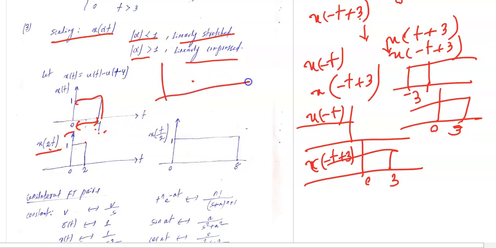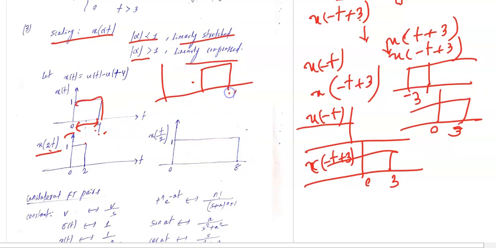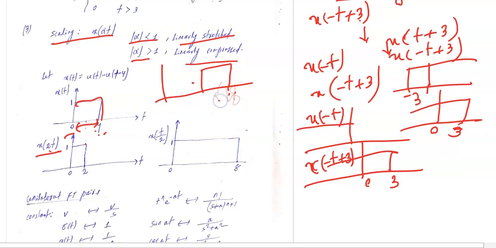Okay, in the general case also you can do this. Let's say this is your 4, and this is your 2, and this is your x(t). So x(2t) will be, just divide each point by 2. So 1, 2, right?